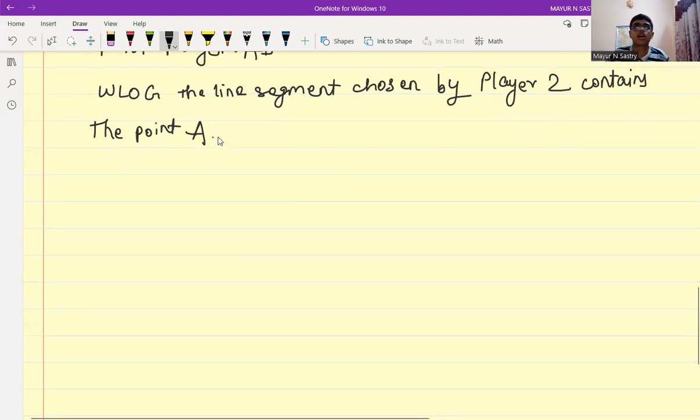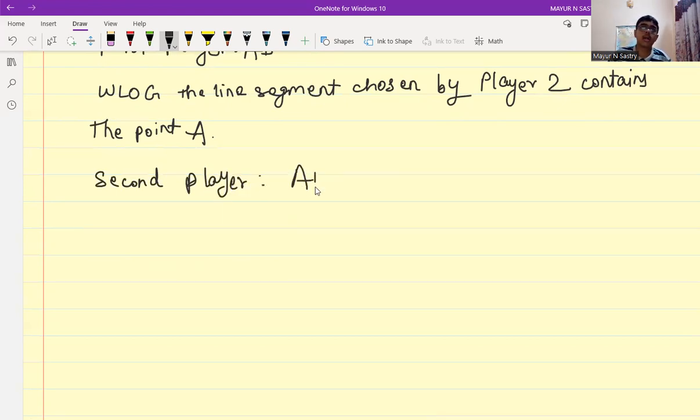So again, the second player, I can say, chooses AP for some P. And in fact, P can be either C, D, or E. It cannot be B because both the first player and the second player cannot choose the same line segment.